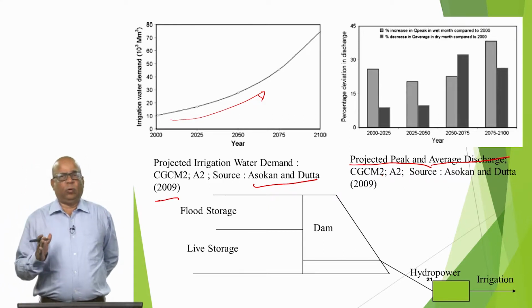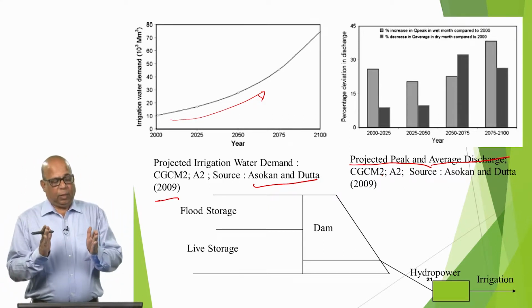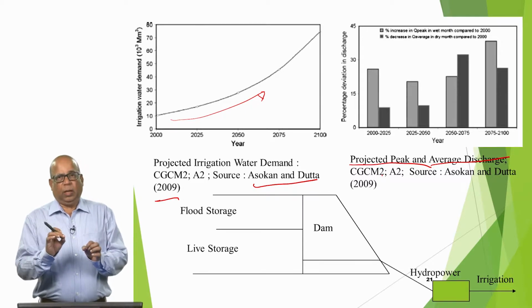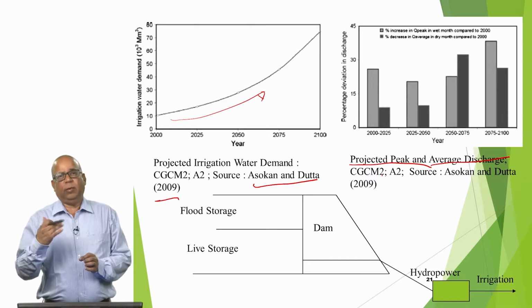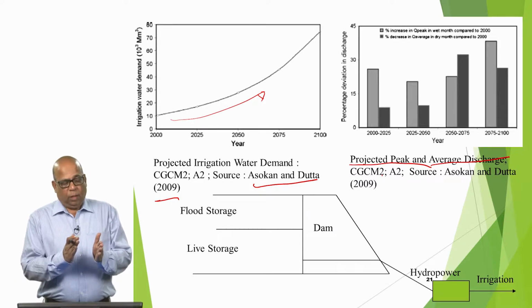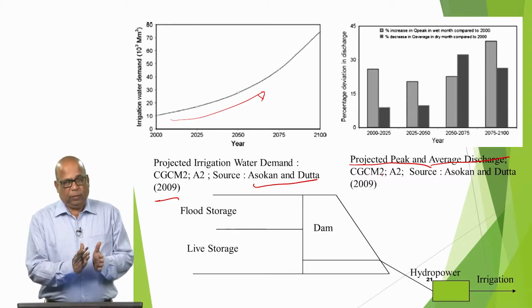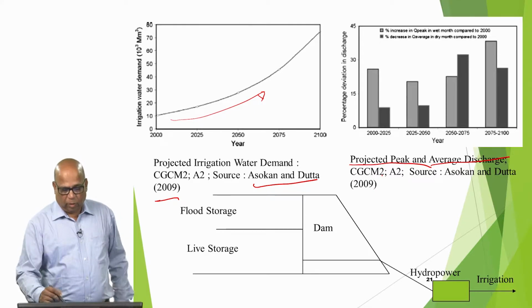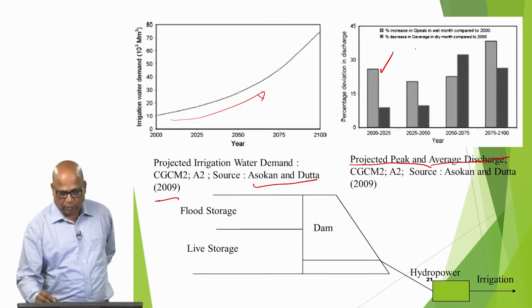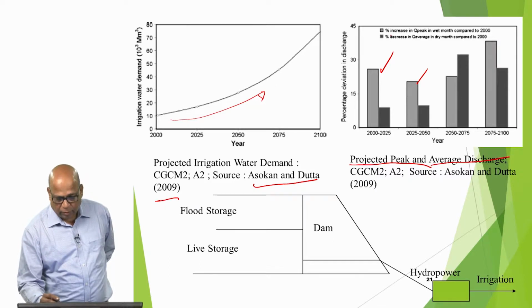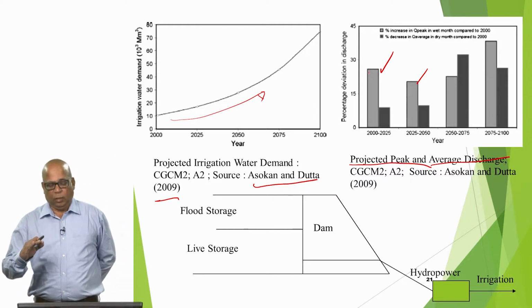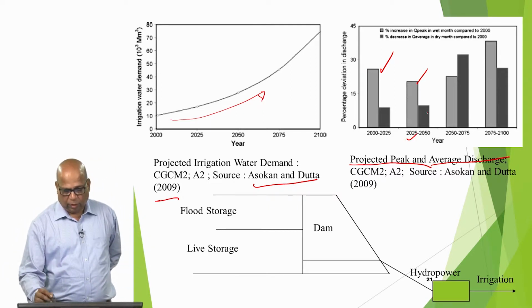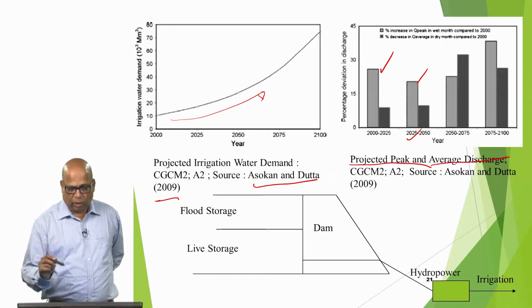It is instructive to again remember that your seasonal flows may either remain the same or perhaps may decrease or may even increase, but the peak flows may still be going high. So, for example, these are the peak flows. This is the increase in peak flows, this is a percent increase. Which means whatever peak flows, flood flows we are seeing, perhaps in 2025 it may increase by 15 to 20% and so on.